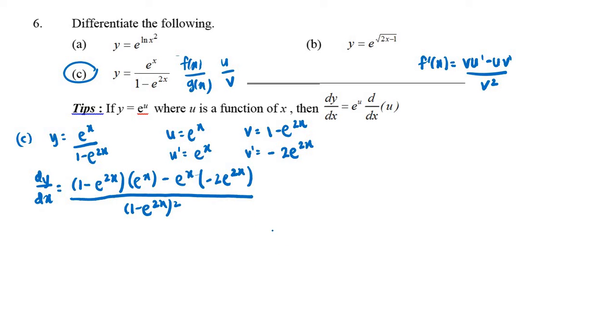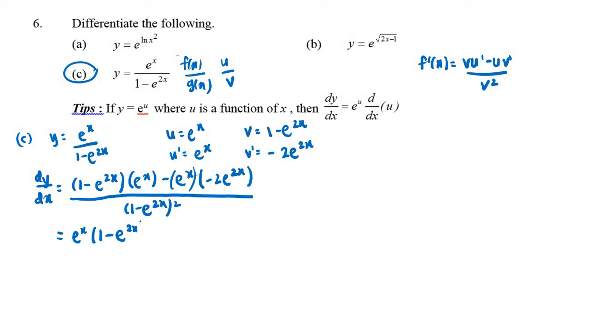Okay, so next thing is we try to factorize and simplify. So kalau kita tengok dua term dekat sini, our vu prime and uv prime, we can see that there is a similar term which is our e to x. Okay, so when we factor out exponential x over here, for the first term kita akan dapat 1 minus e to 2x.